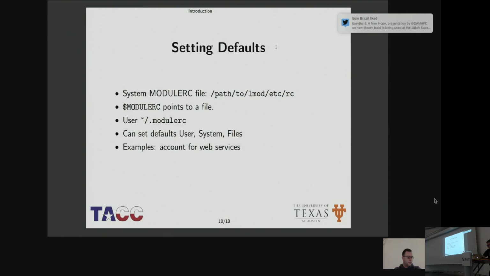Then the user can have their own .modulerc file, and they can set defaults, either user-based, system-based, or files. One example of where a user might want to set defaults on their own is, say you've got a web services account and you want to control which version of a package you're currently using. You could say module load Python and then have this .modulerc file control what version of Python you're willing to use at the moment.